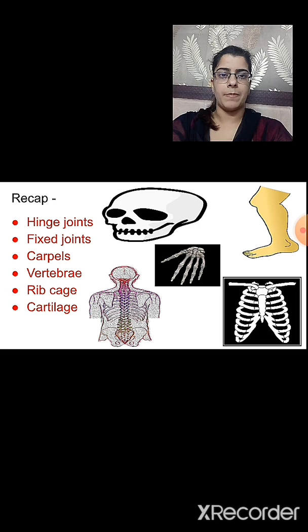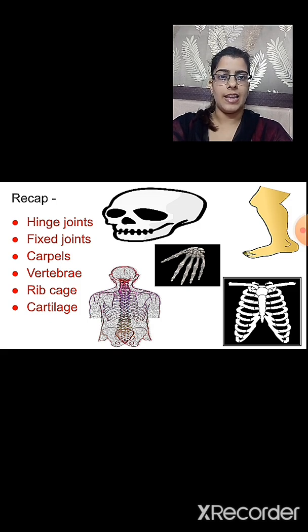Then we have studied about rib cage. What is rib cage? The chest bone and the backbone are joined together to form a box-like structure, and this box-like structure is known as a rib cage. Rib cage encloses and protects lungs and heart.